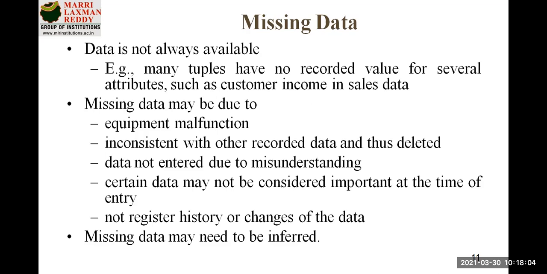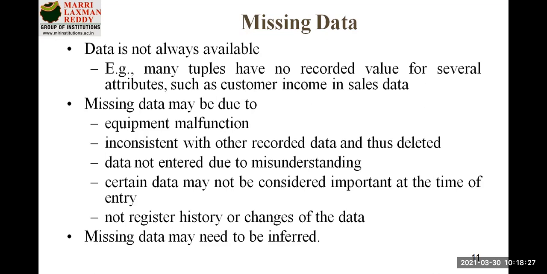Then that day's data might be a problem in that area, because the sensor will not collect the data. So the data will be missing. It can be due to equipment malfunction, or due to some inconsistency in your data with other recorded data and thus deleted.